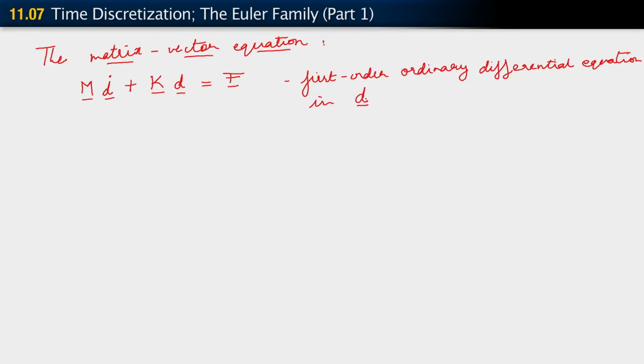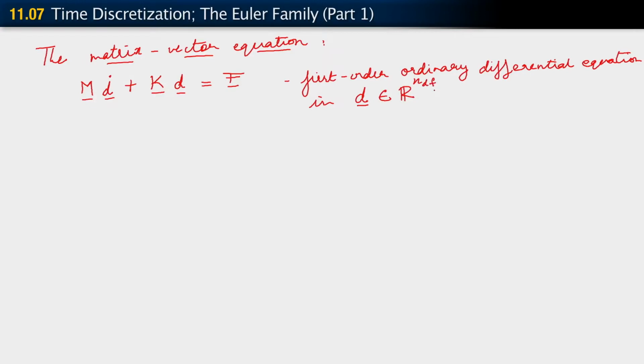Now, because we've dealt with all this business about the number of nodes in the problem and the number of Dirichlet boundary conditions and so on, as we proceed from here on, I'm just going to say that d is a vector living in an NDF dimensional space.